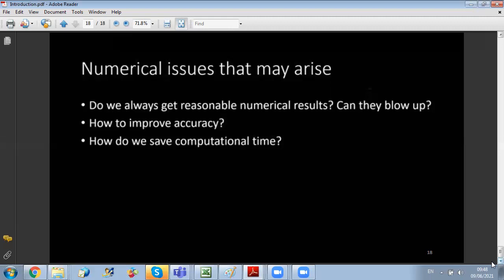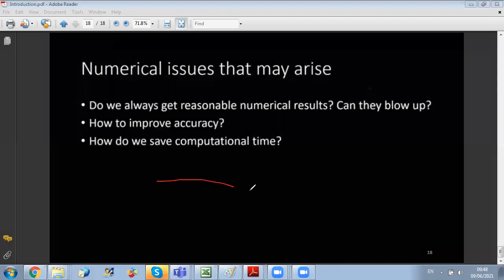And sometimes, when you solve, you will see the residuals. What do we mean by residuals? When you write an equation equal to 0, the numerical solution will never give you 0, but you can approach 0.